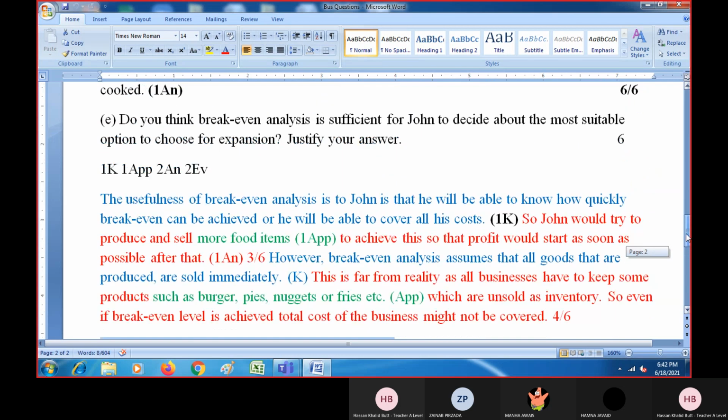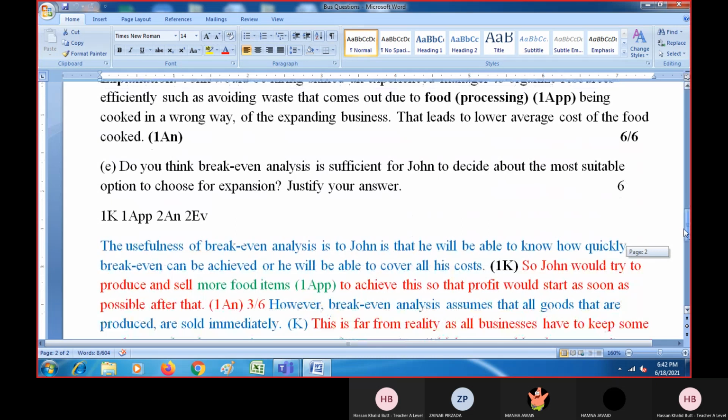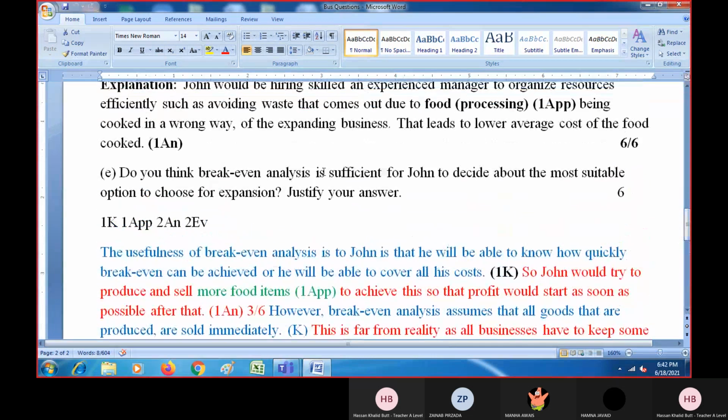In that way, it's difficult to say that break-even analysis is sufficient, because break-even analysis is not the only tool which is required to decide which is the most suitable option. So break-even analysis has certain flaws, certain disadvantages as well. That's why I went against that. I said break-even analysis is not sufficient.